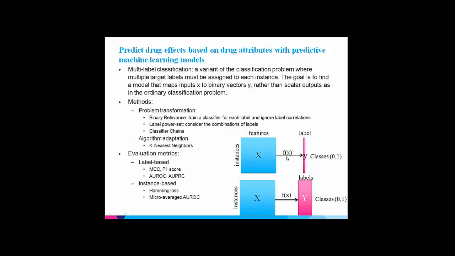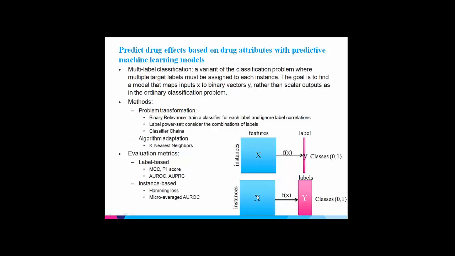The function f takes a vector of features and outputs a single number, a binary number or a probability between 0 and 1, representing whether this instance belongs to this label.